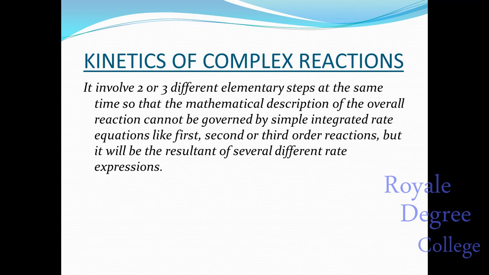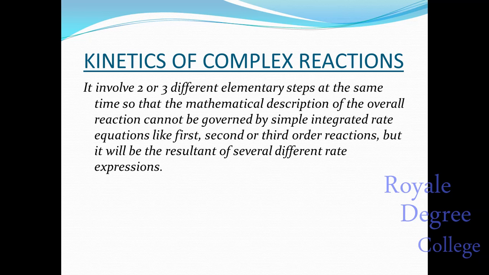Now we'll see about the kinetics of complex reactions. It involves 2 or 3 different elementary steps at the same time, so the mathematical description of the overall reaction cannot be governed by simple integrated rate equations like first order, second order or third order reactions.